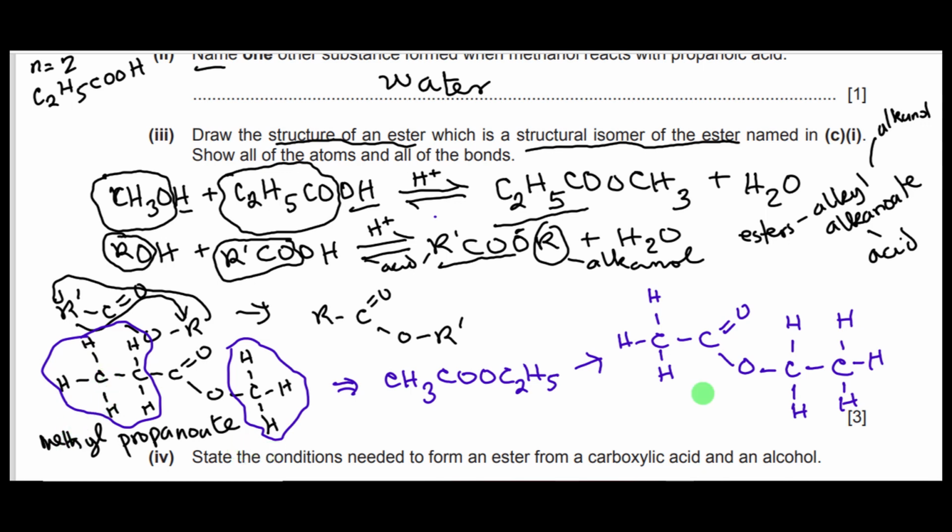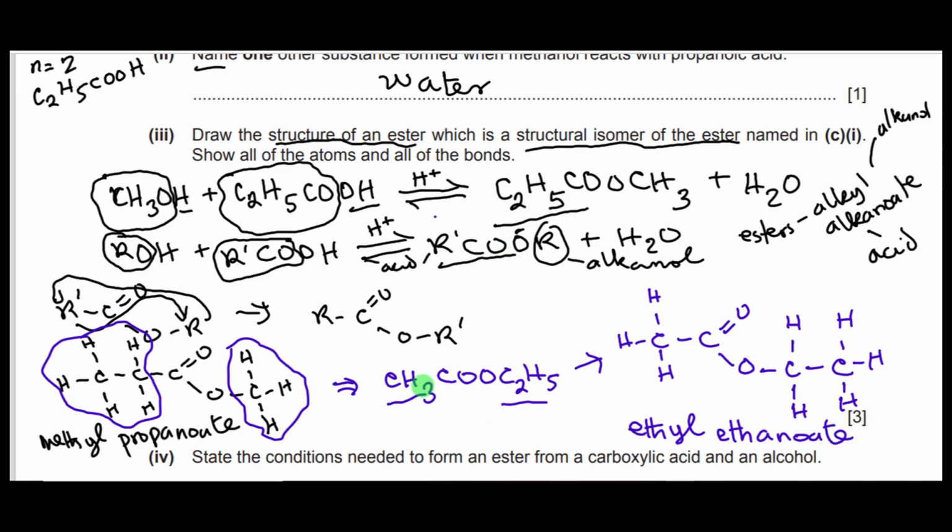What will be the name of this ester now? The name of this ester will be ethyl ethanoate. This C2H5 is from the alkanol, as we described here, while the CH3CO part is from the alkanoic acid.